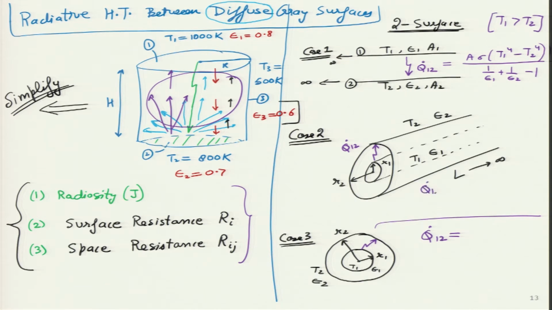For the case of the pipe, the expression turns out to be again very simple. And similarly, for the sphere case, it turns out to be again a very simple straightforward relationship.